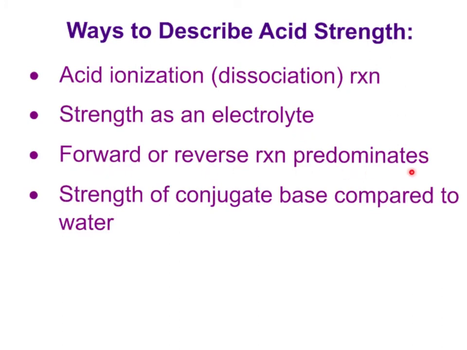The forward or reverse reaction, which one predominates? Is the reaction proceeding mostly to the right or mostly to the left? We can tell acid strength by looking at the predominant direction of the reaction. We can also look at the strength of an acid's conjugate base compared to water, and that will tell us how strong an acid is.